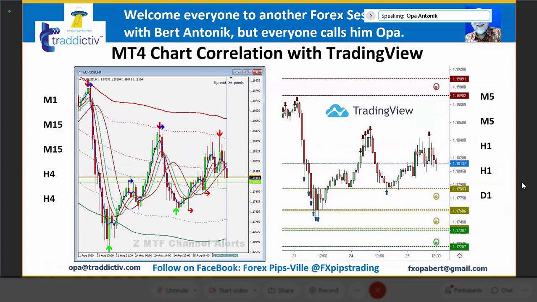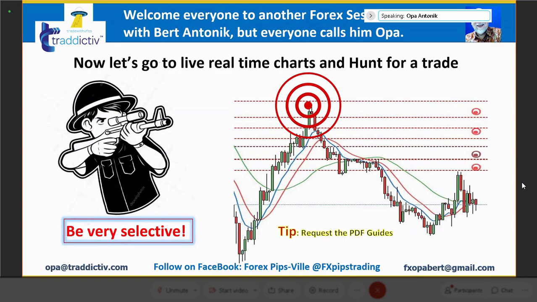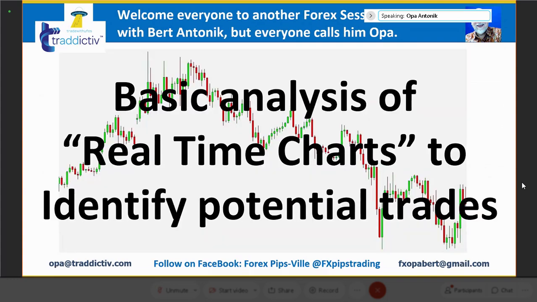The more confirmation that we have that the price will do something, the better. It's not 100%. Obviously, nothing is ever 100%, but more often than not, our correlation and our abundance of indicators will help us. All right, so now let's go ahead and look at some live charts and see if we can find something to help us out.